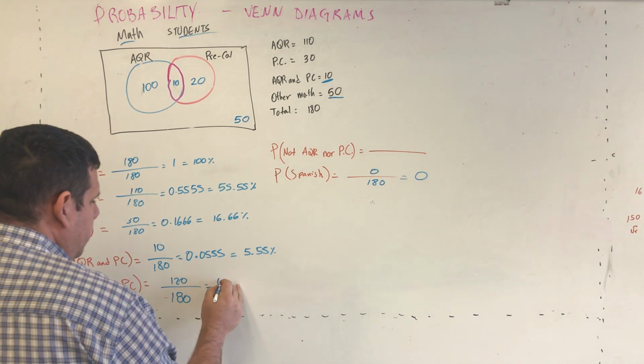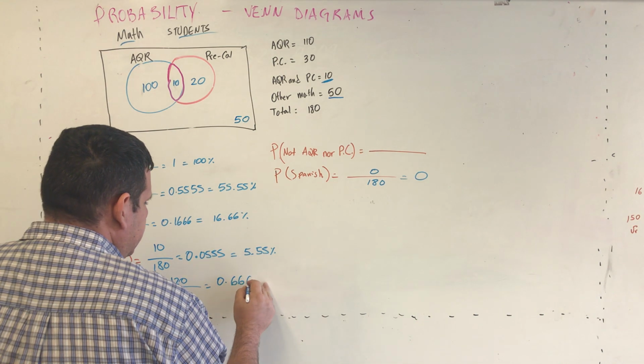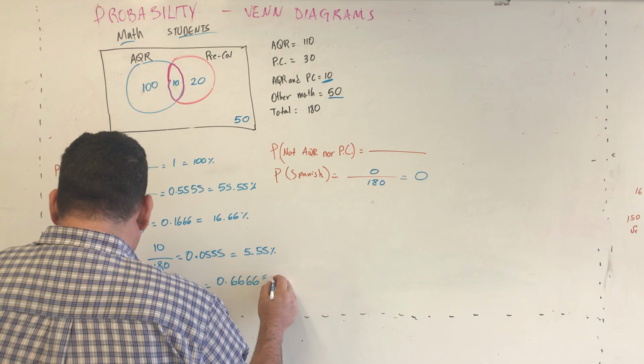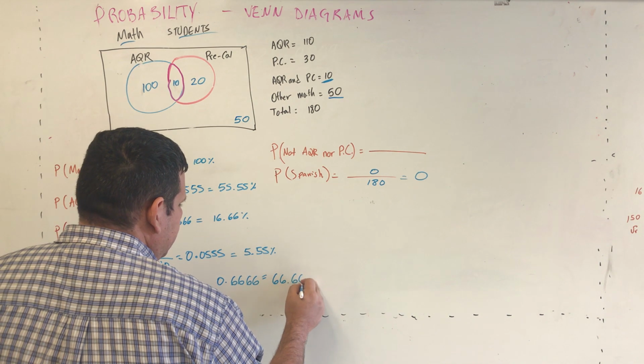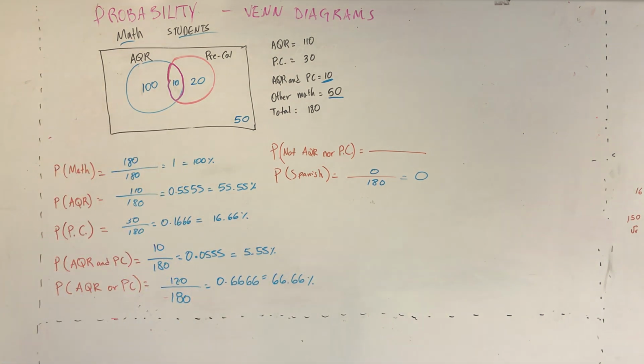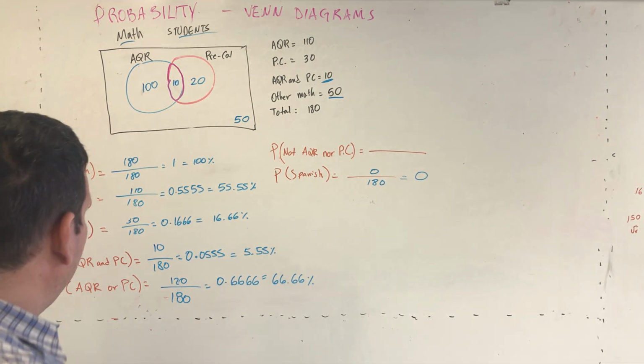This is 0.6666, which is 66.66%. Okay, so I have 2/3 of the students doing this.